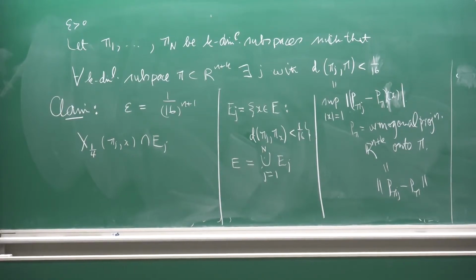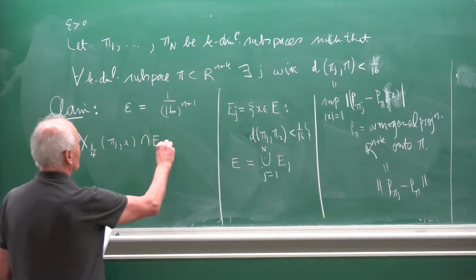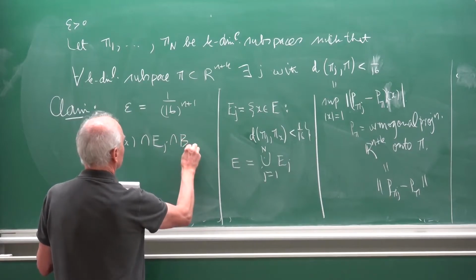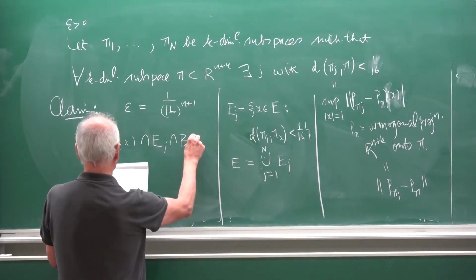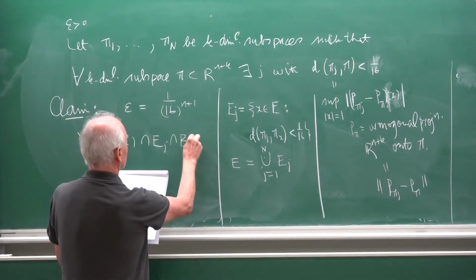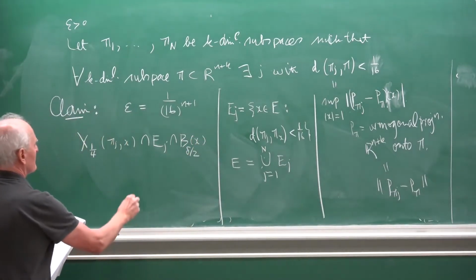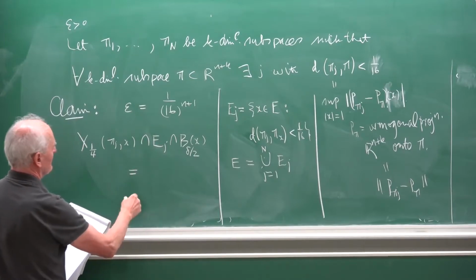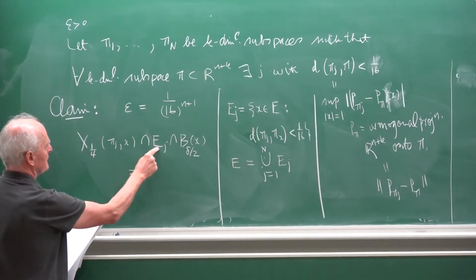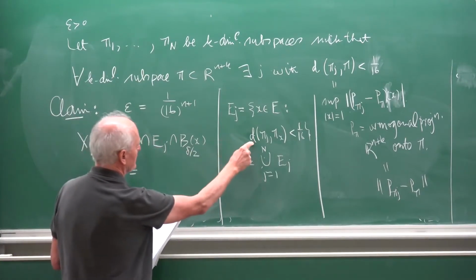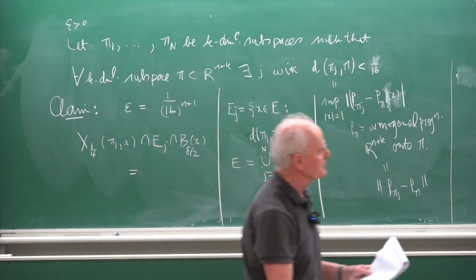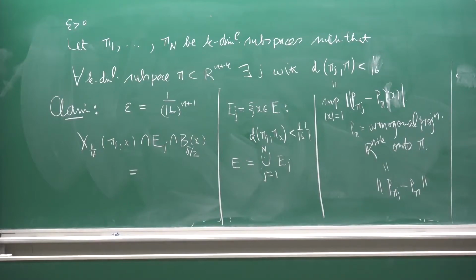Okay, so the claim is that if we do that, then this intersect the ball of radius delta over 2 of x. In other words, I'm looking at the intersection of Ej, that's this set here, with the small ball of radius delta over 2, where delta is this number.